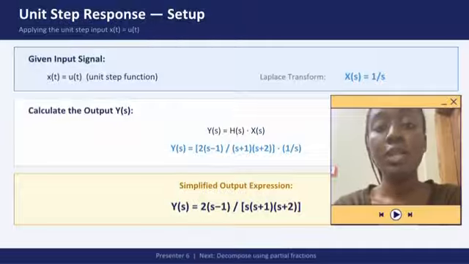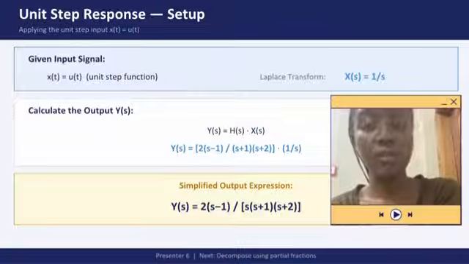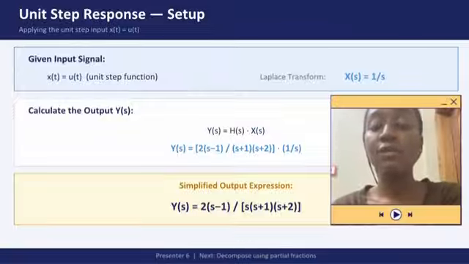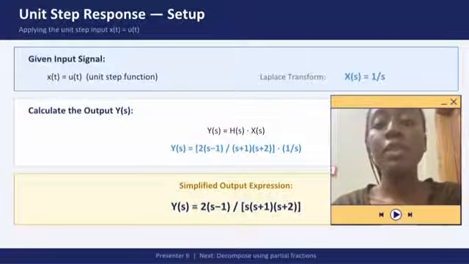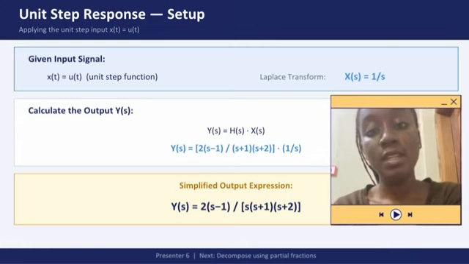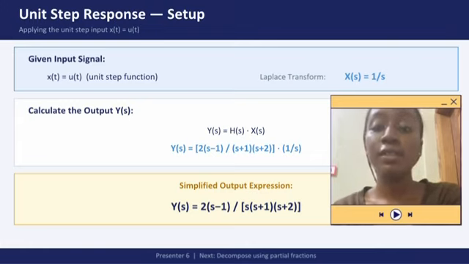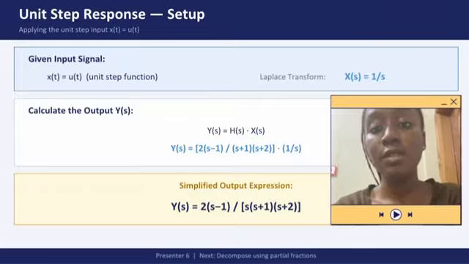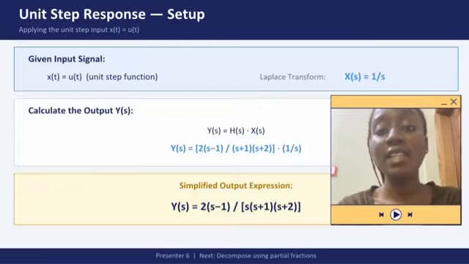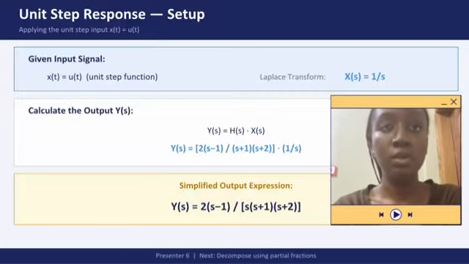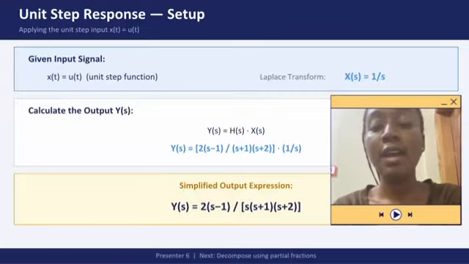To work with this, we have to convert it into the Laplace transform because we are working in the frequency domain. The Laplace transform of u(t) is equal to 1/s. So we have X(s) equal to 1/s. Earlier, we found H(s), and we have X(s) now.